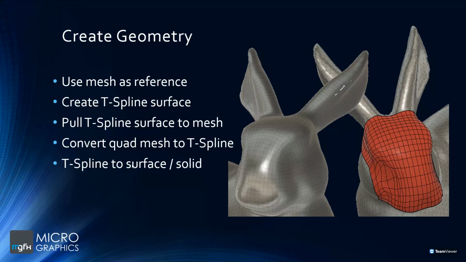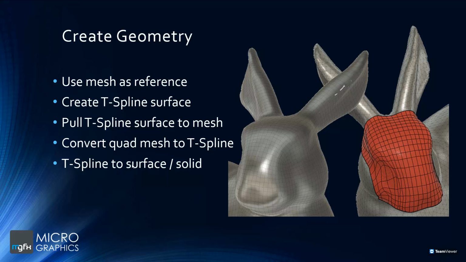So what we're seeing here in the images is the mesh on the left-hand side, and then on the right-hand side, a T-spline surface that has been pulled to match that mesh. And over and above this workflow, if you have the ability to output a quad OBJ, which we actually see, that little rabbit on the left-hand side there is made up of squares rather than triangles, that quad OBJ is convertible into a Fusion T-spline.